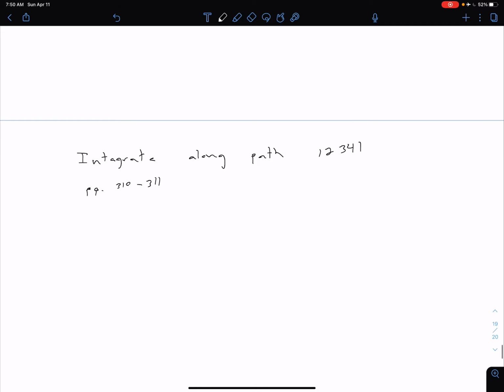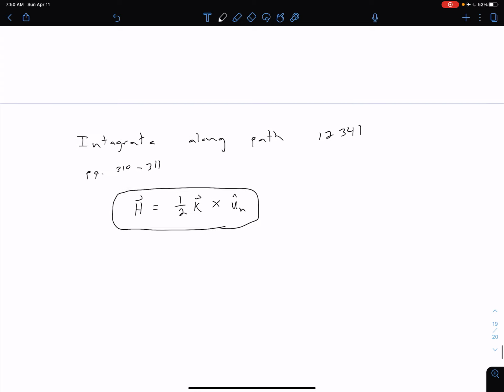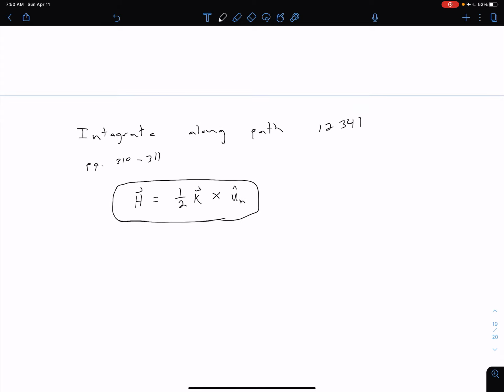But the end result is that our H, our magnetic field intensity, is equal to 1/2 K cross U sub n, where K is our current density in the sheet. Our U sub n is just a unit normal vector from the current sheet to the point of interest.